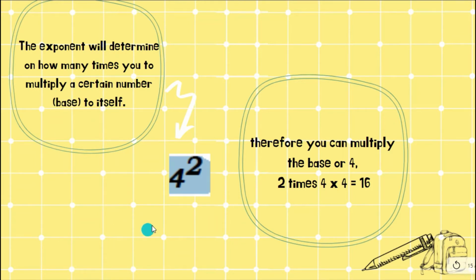So as we can see in this example, the base is 4 and the exponent is 2. In other words, you must multiply 4 two times by itself. Understand? So 4 times 4 equals 16. Did you get it? Let's go to another example.